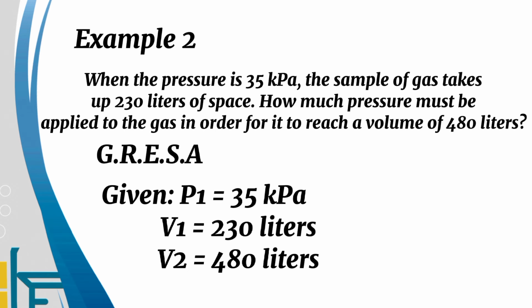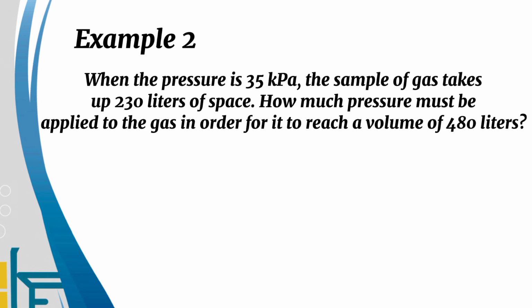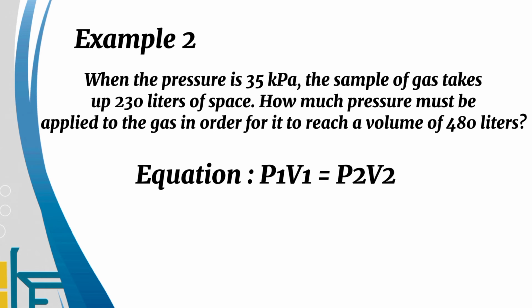Now we are finding the final pressure in the question. To find the answer, we need to use the formula of Boyle's law, which is P1 V1 is equal to P2 V2. In the solution, we need to formulate a formula to get the final pressure of this question. This is the formula we made by simply dividing both sides by V2.